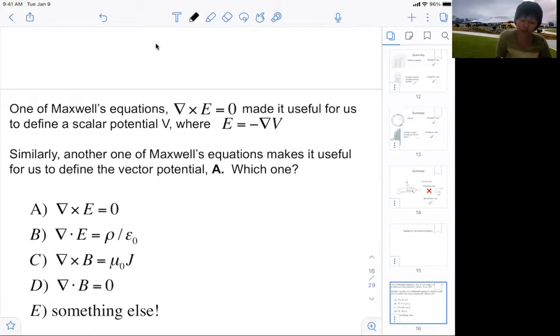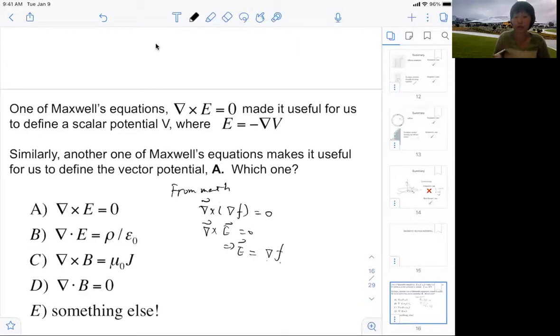We know from math, the curl of a gradient is always 0. So because the curl of E is 0, we know E can be represented using the gradient of a scalar. So that's why we define a scalar potential V.